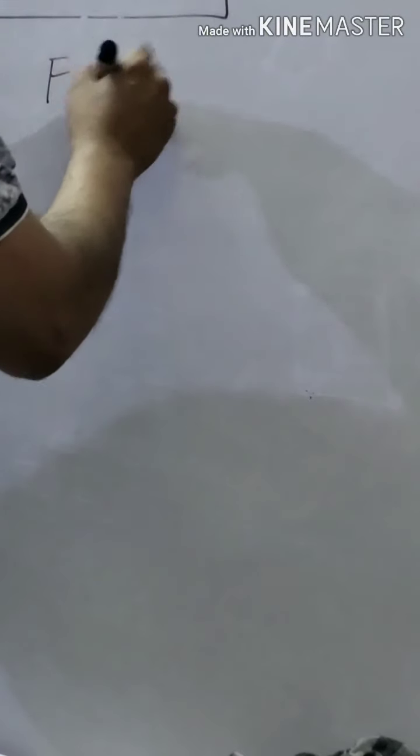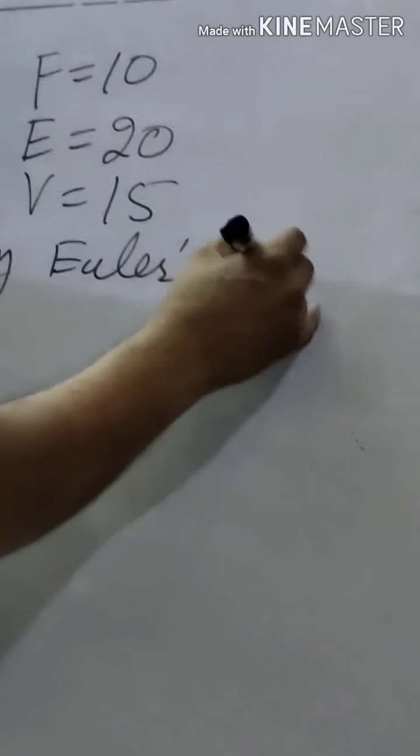In question number 8, you see, can a polyhedron have 10 faces? Here faces are given as 10, edges as 20 and vertices as 15. So what is it saying? Can a polyhedron have 10 faces, 20 edges and 15 vertices? You will apply only Euler's formula.